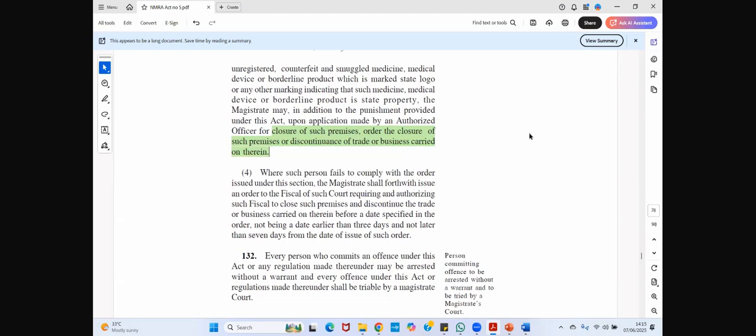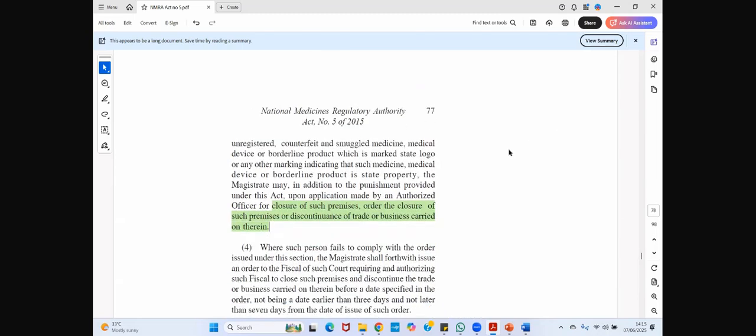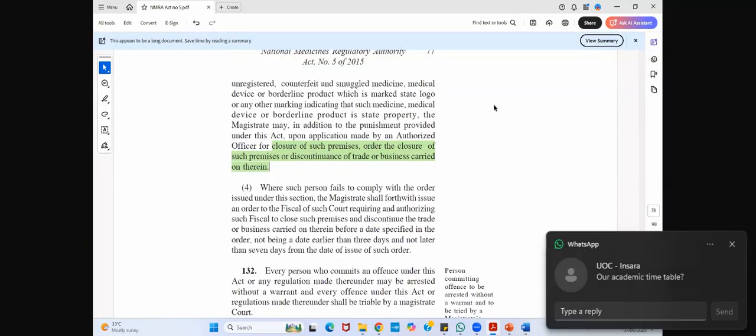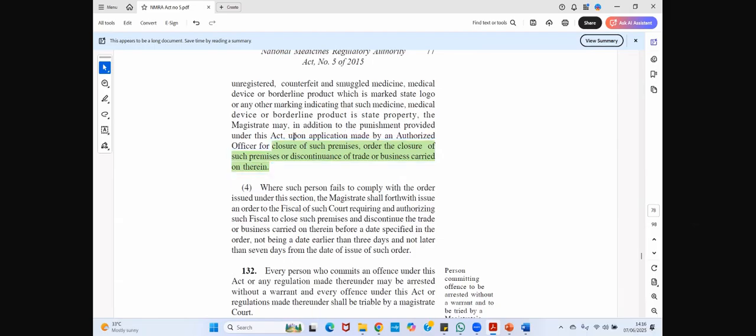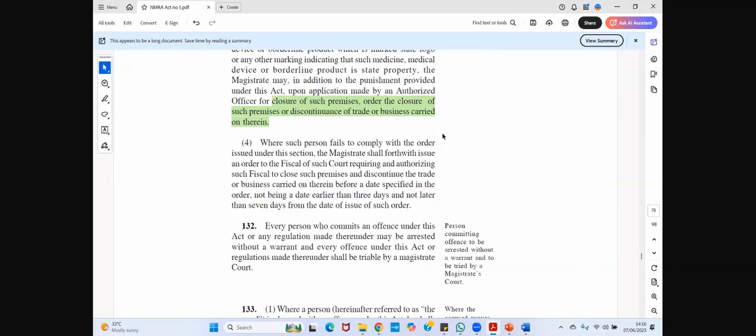So in case you use a state logo, you can again be given a punishment like stopping the business, right? That punishment is upon the application by the authorized officer.